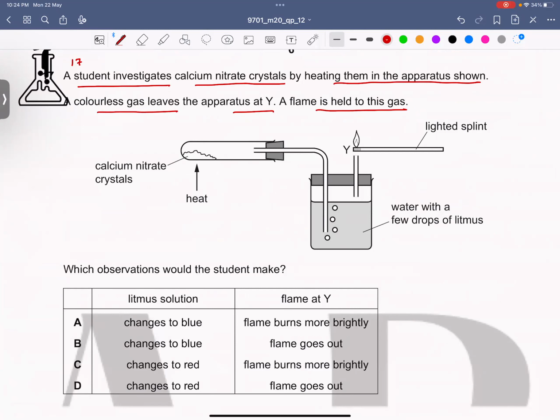So if you recall the decomposition equation of calcium nitrate, on decomposition it forms calcium oxide solid, nitrogen dioxide gas, which is of brown color, and oxygen gas, which is colorless. What observations would the student make?